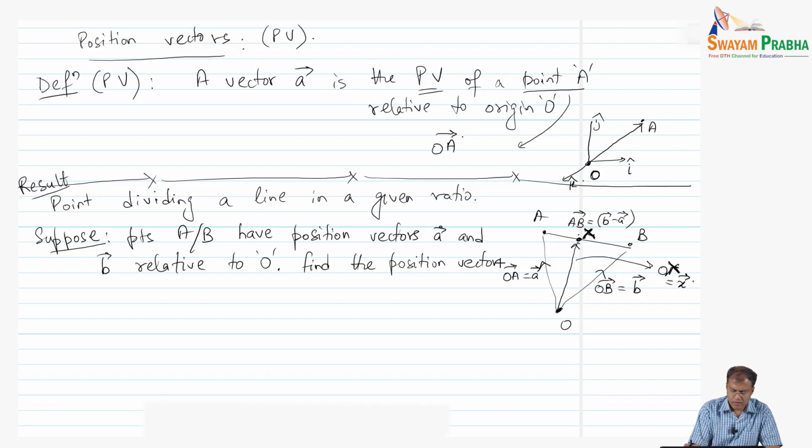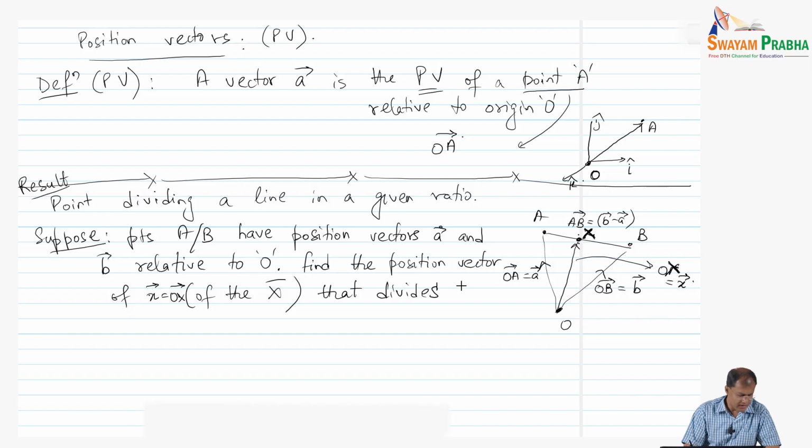We find the position vector of X, that is of the point X, which is nothing but the line OX, such that this point X divides AB in some ratio, let's say lambda is to mu.